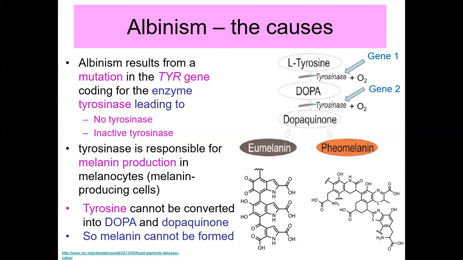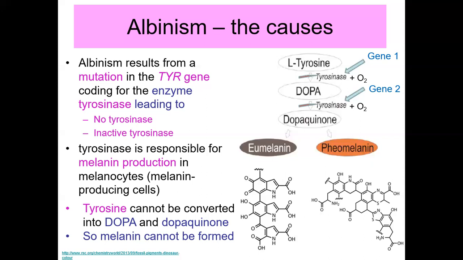When it changes shape, the substrate cannot stick to the active site of the enzyme, so DOPA cannot be produced, or DOPA cannot stick to the active site of tyrosinase. Dopaquinone cannot be produced, melanin cannot be produced. This is how mutation in gene 1 or gene 2 gives rise to albinism.